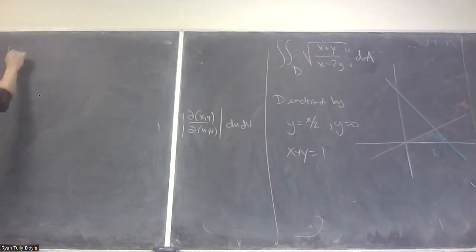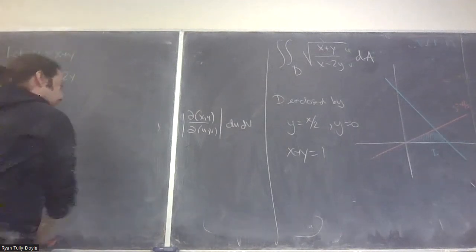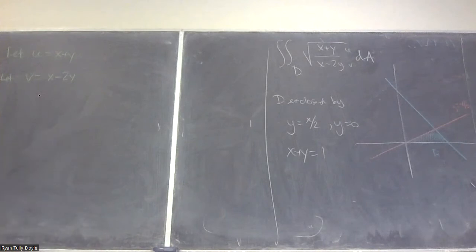Let's let u be equal to x plus y, and let's let v be equal to x minus 2y. So we're defining new variables in terms of these old ones right here. Okay, so question 1.